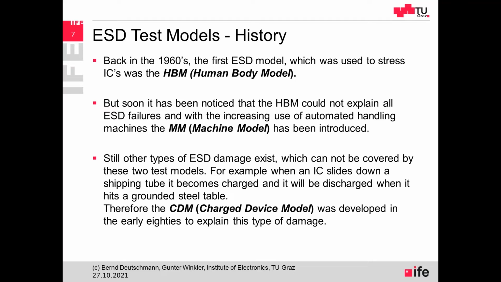And once the integrated circuit is touching a grounded surface, for example, a metallic table, the charge that is accumulated inside of the IC can also be discharged out of the IC into the grounded table, for example. And in this time frame, also the so-called CDM model was developed, the charged device model. So this was then developed in the early 80s, late 80s, to explain this type of damage.